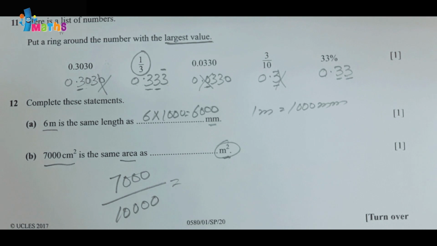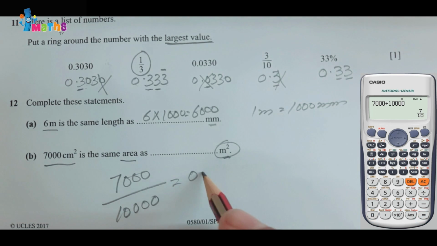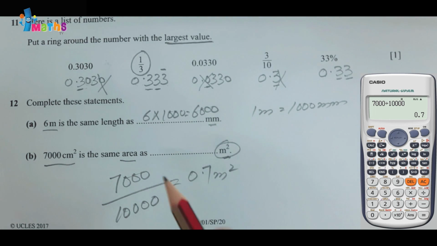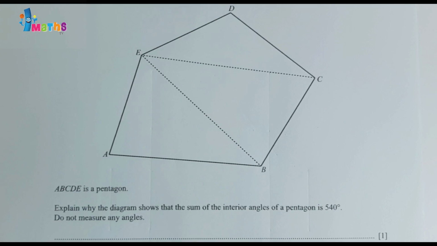We will check with the calculator. 7,000 divided by 10,000 will be equal to 0.7 meters squared. So we can write here 0.7 meters squared. So this will be the correct answer.